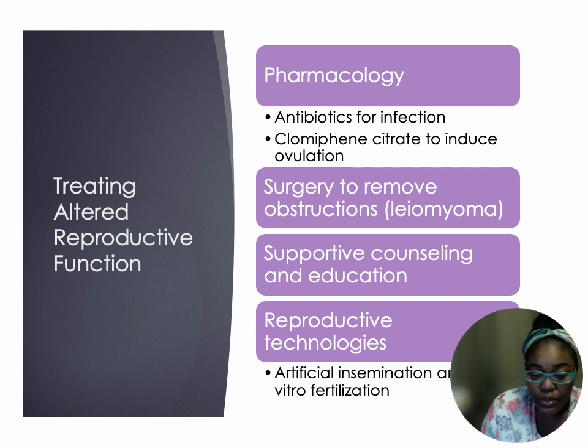As far as your reproductive technologies, you may have in vitro fertilization or artificial insemination that would help those that may have a partner that's unable to produce semen, or a partner that's unable to help with fertilization. So we have all types of treatment therapies that will help with altered reproductive function.